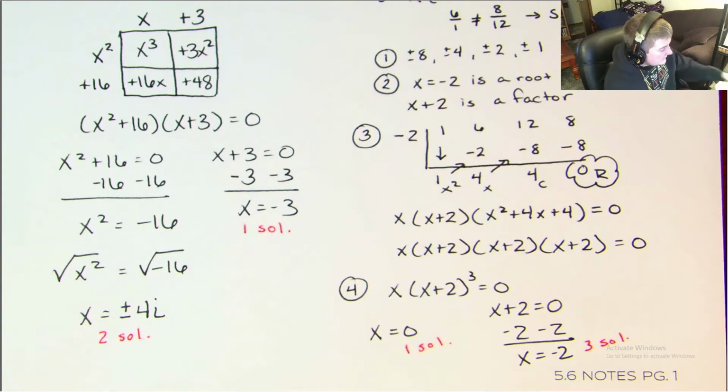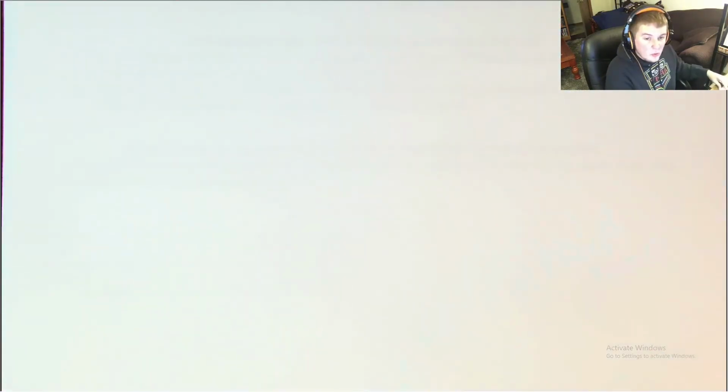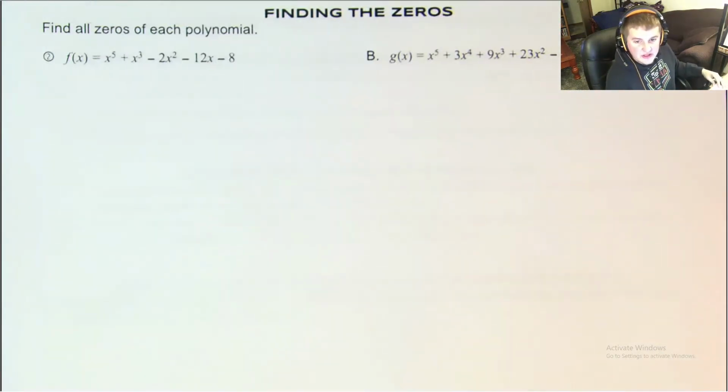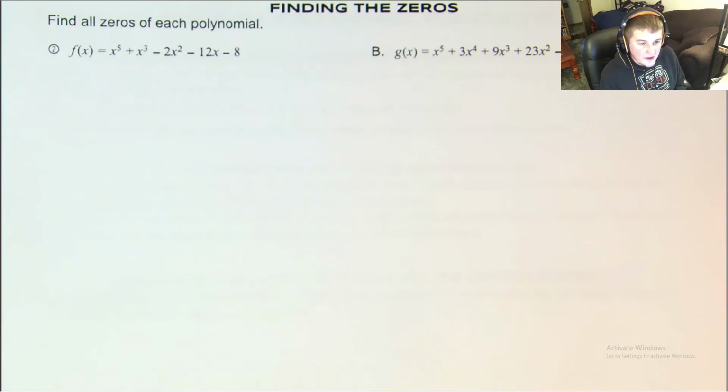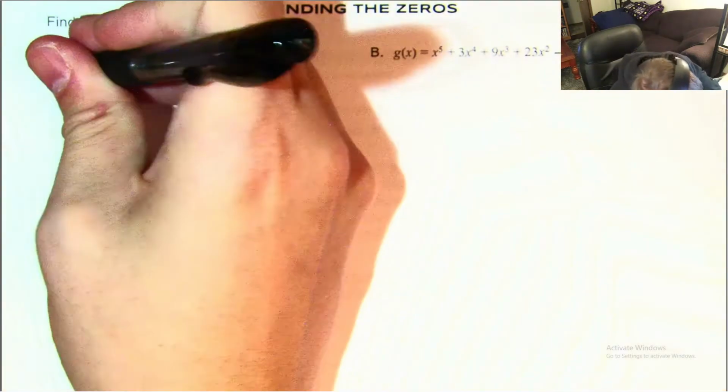Okay, let's go ahead and move on to the next page. I think this is actually the last page. It is. Okay, so what about problems like this? We want to find all zeros of these polynomials, meaning I want to find when it's set equal to 0.